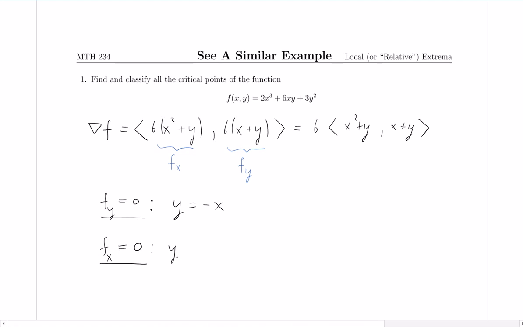This means that y is equal to negative x squared. And we want both of these things to be true at the same time, for the same values of x and y. So if we combine these two, and assume that both are true together, this means that x is equal to x squared.